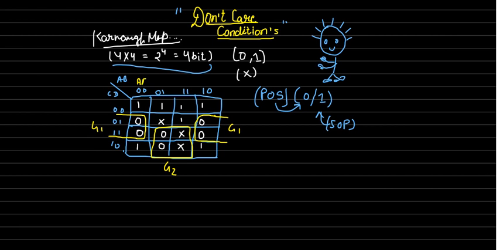So A bar B bar, this will be A bar B, this will be AB, and finally this will be A B bar. This is going to be C bar D bar, this will be C bar D, the next one is C D, and finally we have C D bar.